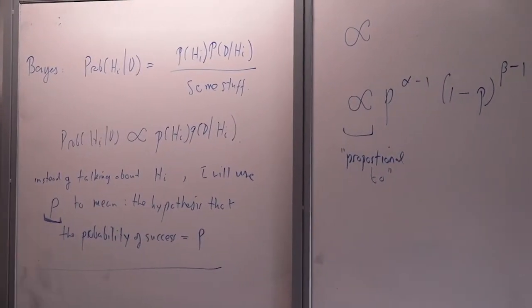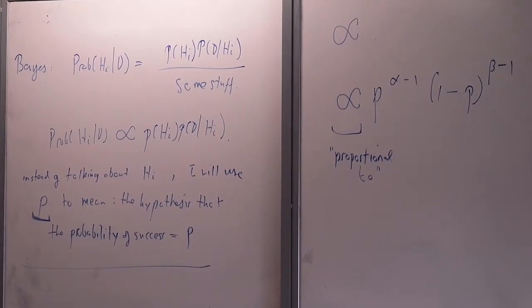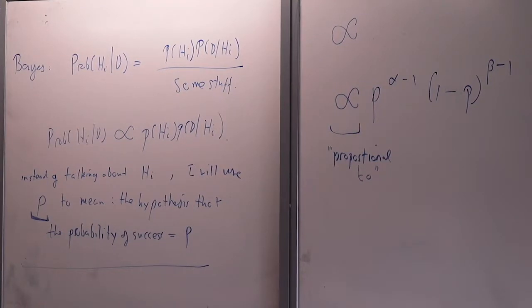The probability of success equals 0.5. So I can say P equals 0.1, and I'm saying that's the hypothesis that the probability is 0.1.